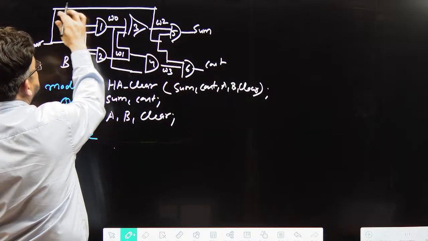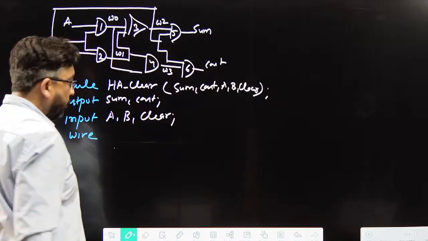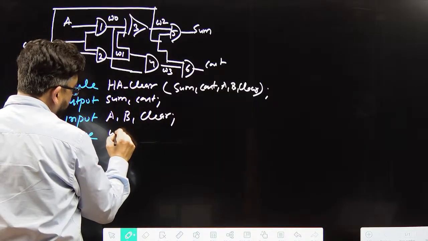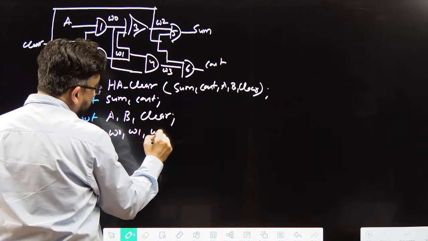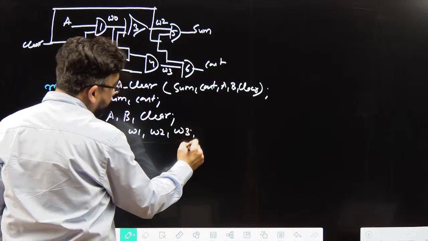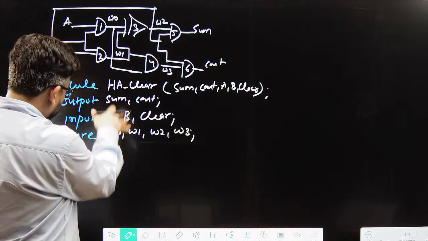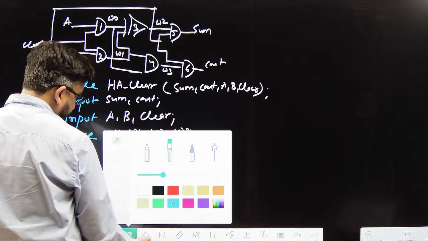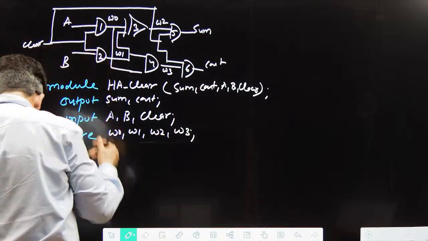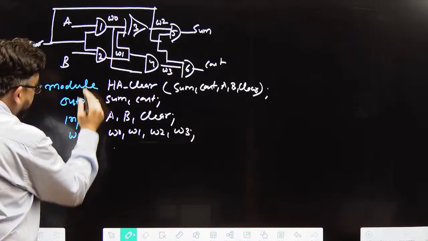See, this wire is directly connected to clear, so not required. Wire W0, W1, W2 and W3. Clear? Now I will call the gates. So first gate, let me call all the gates just to save the time.